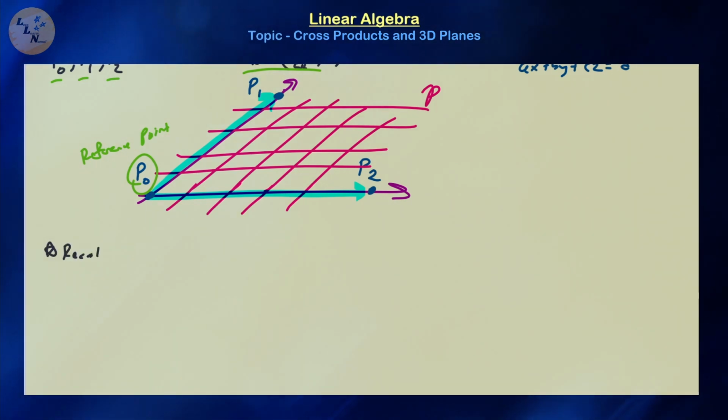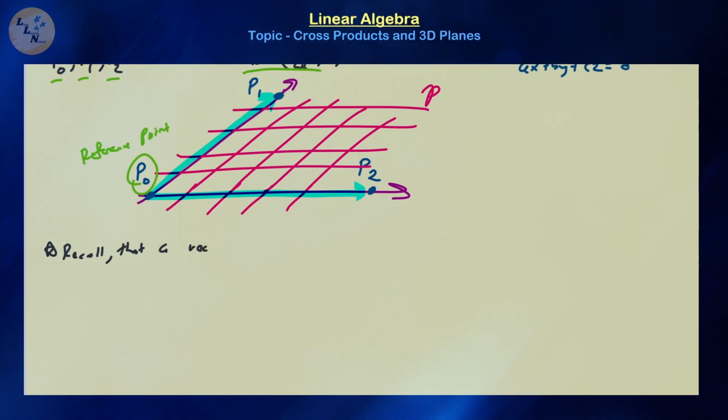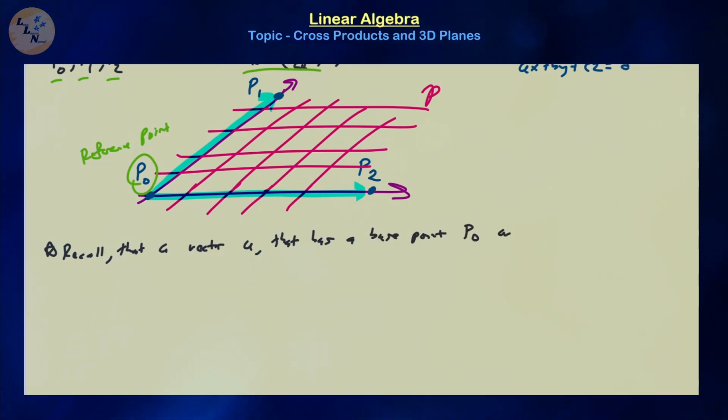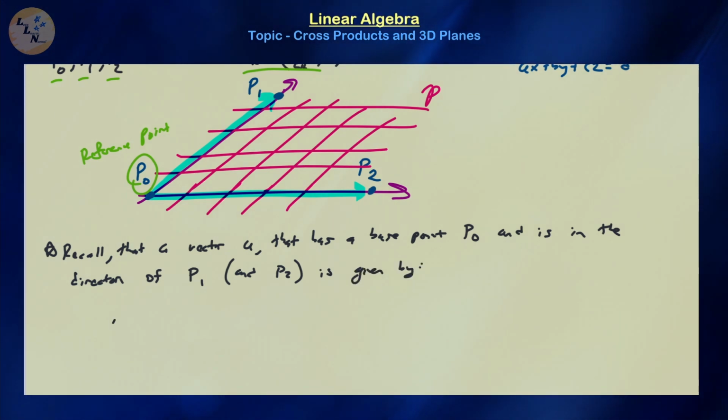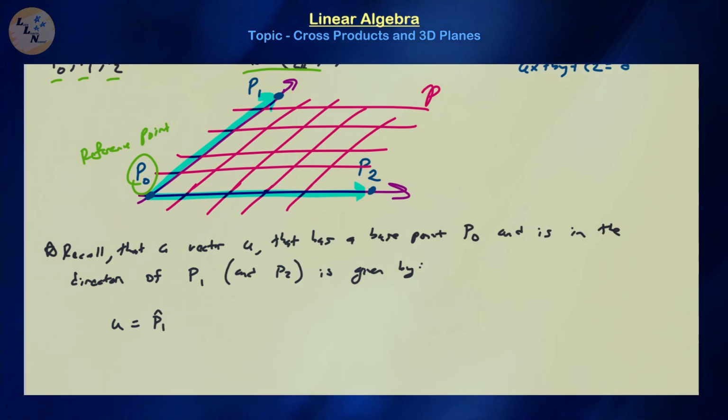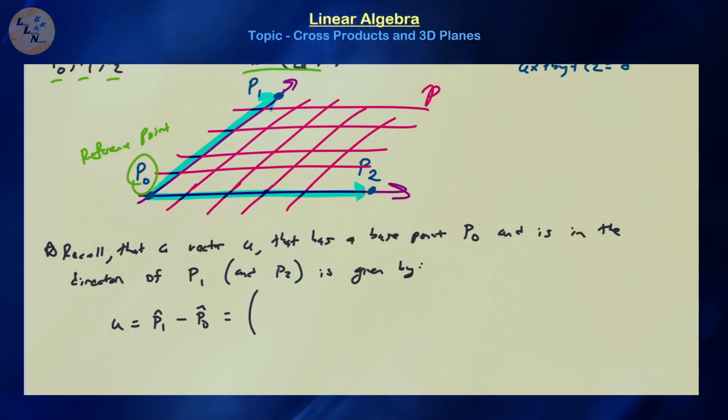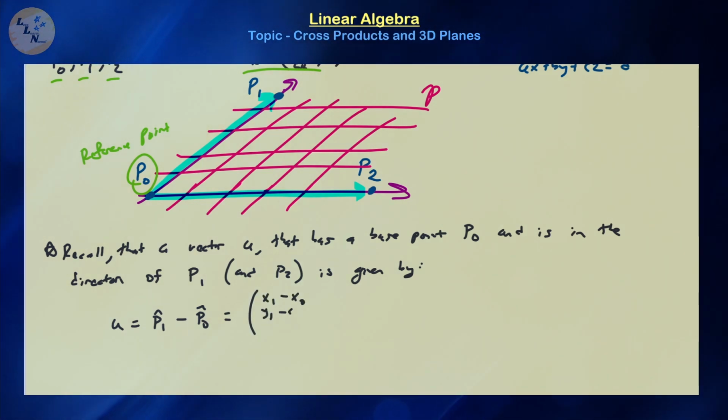So recall that a vector u that has a base point P0 and is in the direction of P1, and also P2 is going to have a similar structure, is given by u is equal to P1, the vectorized version, minus P0, the vectorized version, which from our definition of our points, is just going to be equal to x1 minus x0, y1 minus y0, and z1 minus z0.